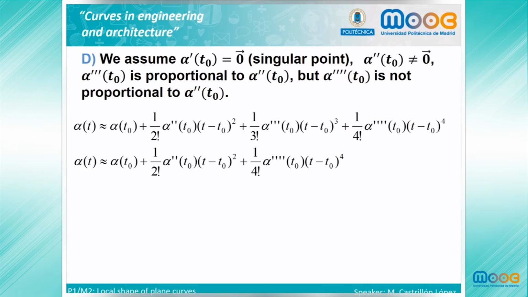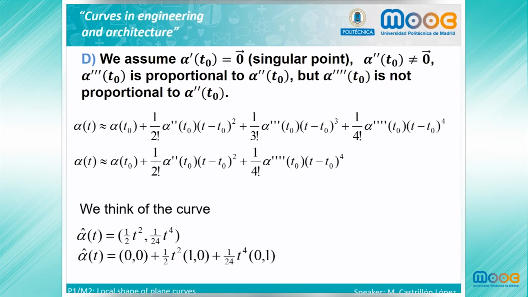Once we have that approximation, we think of the curve 1/2 t squared, 1/24 t to the fourth, and we write it as a point, the origin, plus 1/2 t squared, the vector (1, 0), plus 1/24 t to the fourth, the vector (0, 1). The trace of that curve is a branch of the parabola, going from the top to the origin and then back to the top.